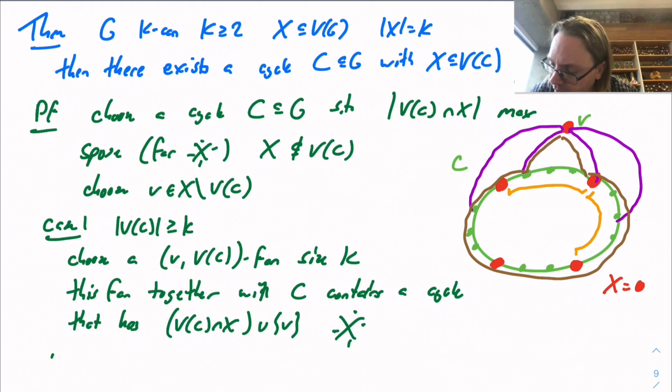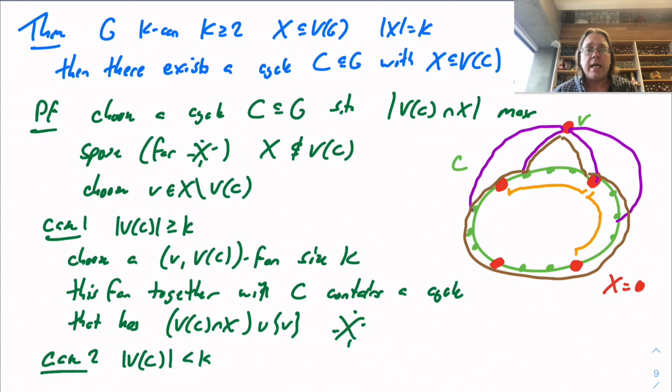Now, there's one other case here, which is when the V of C is less than k. Now, if the vertex set of the cycle has size less than k, well, now you can't find a V to V of C fan of size k because there are too few vertices on the cycle. But that's not really a problem.